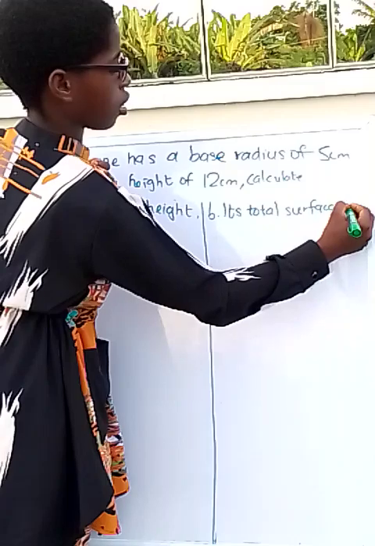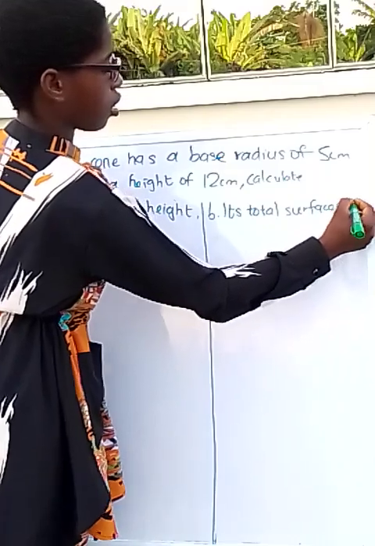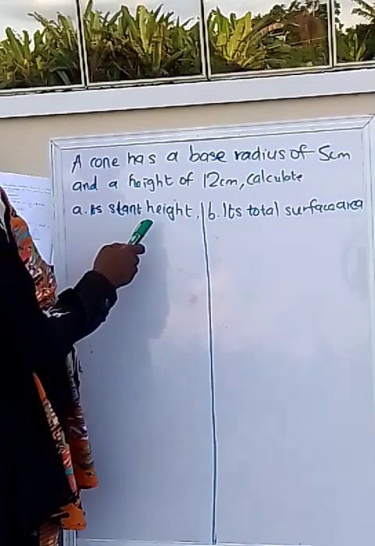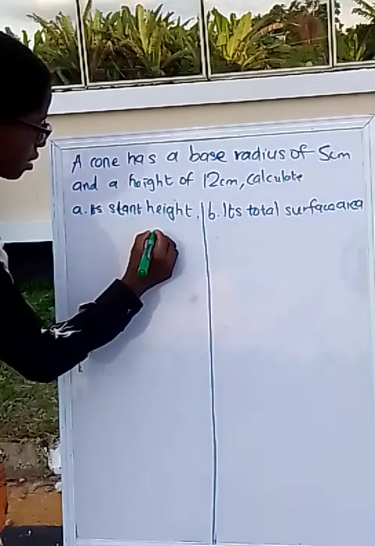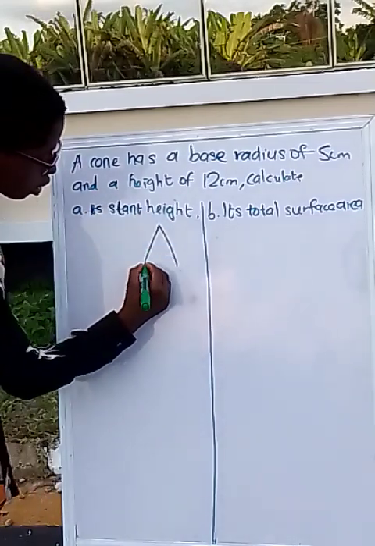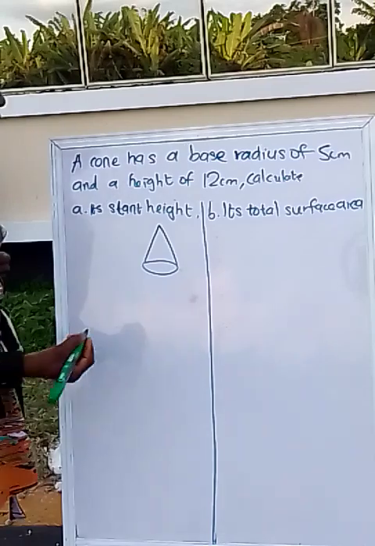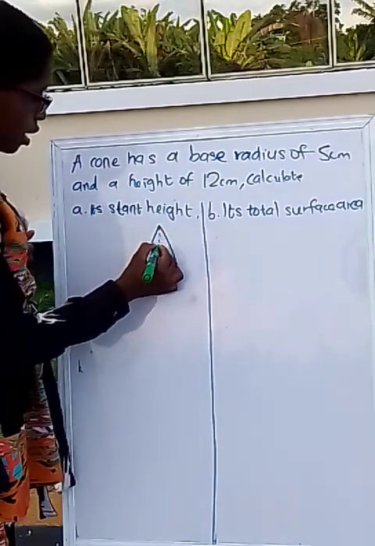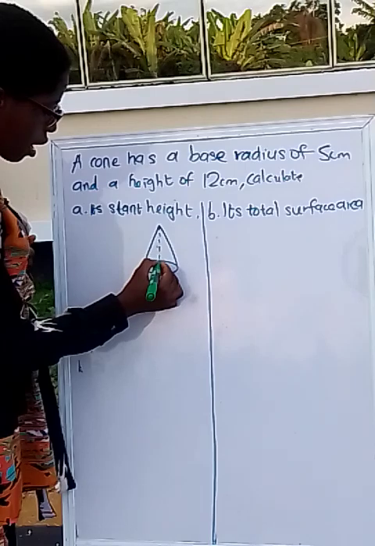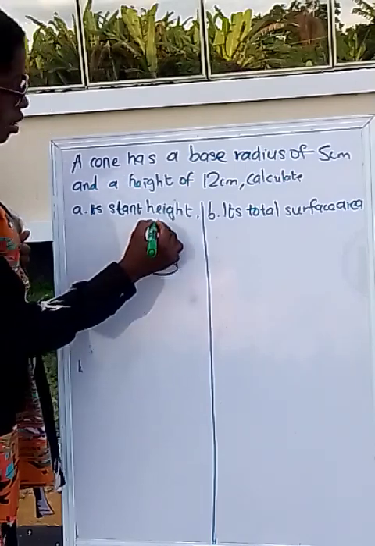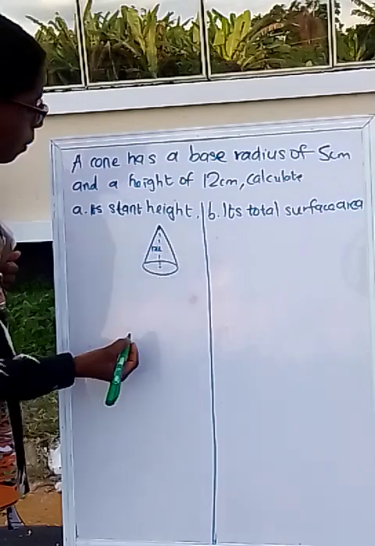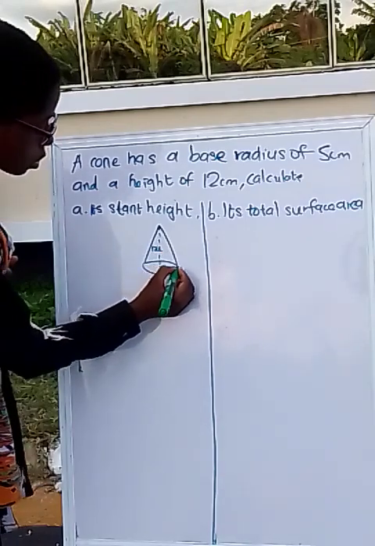So now, to find its slant height, okay, let's just say that this is the cone, and here this is the height. Yes, this is the height, and it is 12 centimeter, and this is the base radius, which is 5 centimeter.